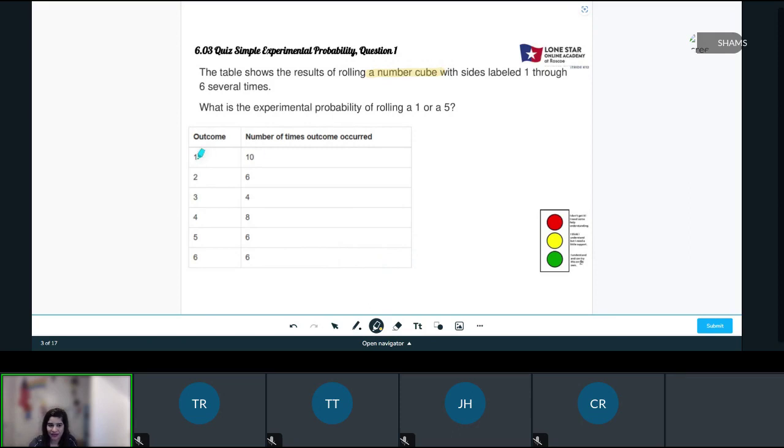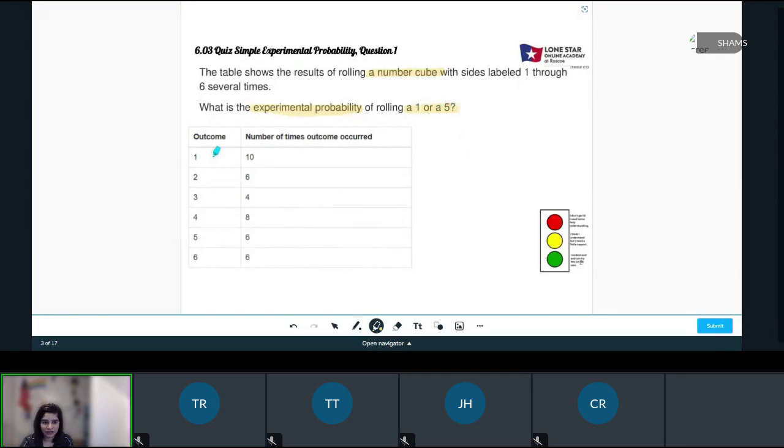The die has the numbers 1, 2, 3, 4, 5, and 6 on its faces. This is an experiment, because somebody is actually conducting an experiment, so this is going to be experimental probability. What is the experimental probability of rolling a 1 or a 5?